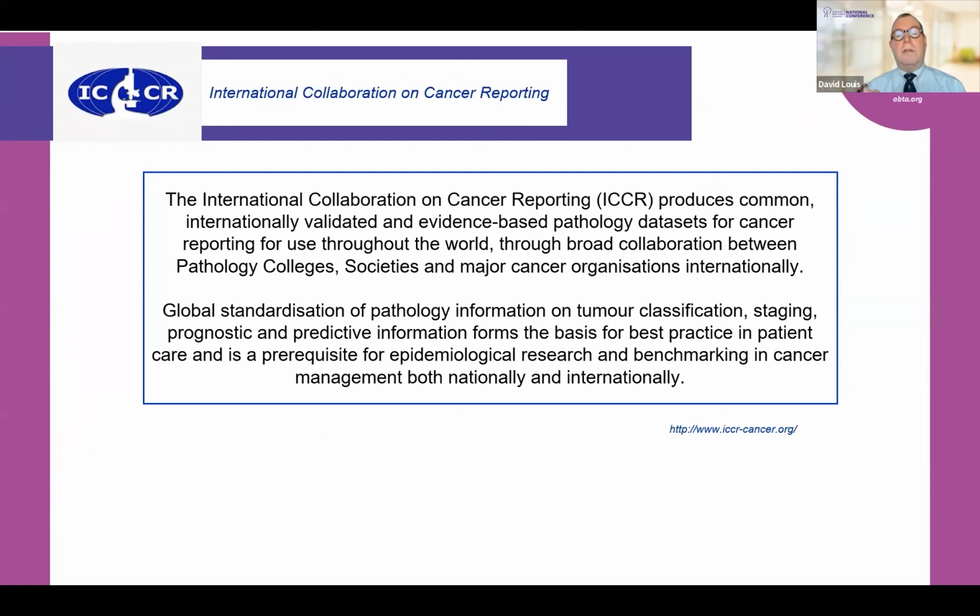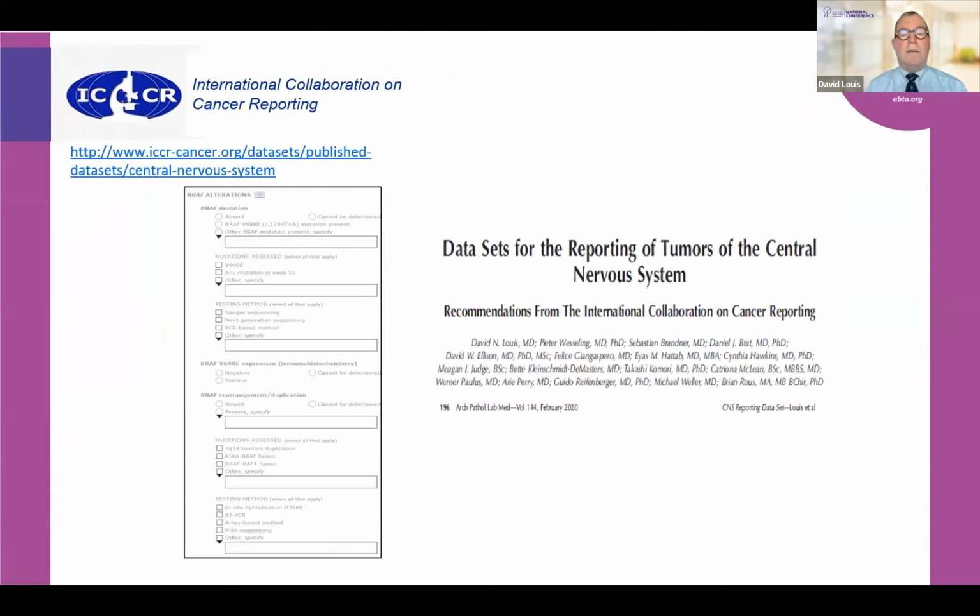So what this organization does is it issues guidelines to say, if you're a pathologist reporting on a tumor of the nervous system, you need to follow this exact format so that the significance of what someone says in Hong Kong is applicable to what somebody's doing in another city.